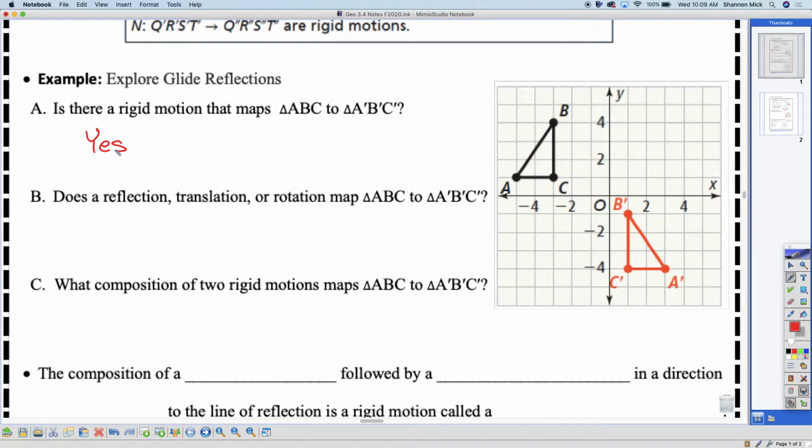Is it just one? It says, does a reflection, translation, or rotation map A to A prime? It would be two. Is it just one of those things? No, it's not just one of those things.